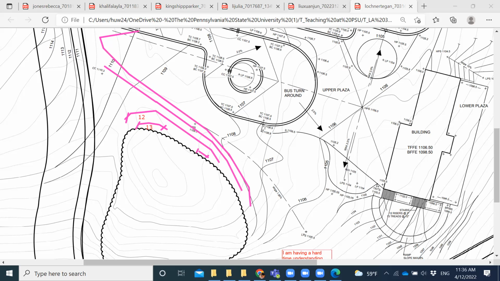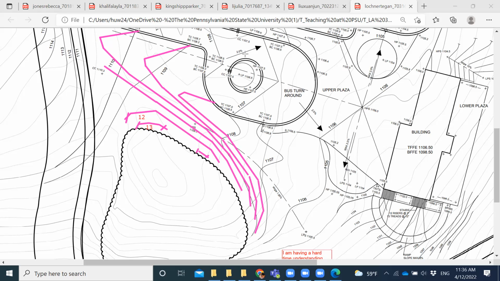Like that. 9 goes this way. And then that 8 comes over here. 8 is connecting back at this place.